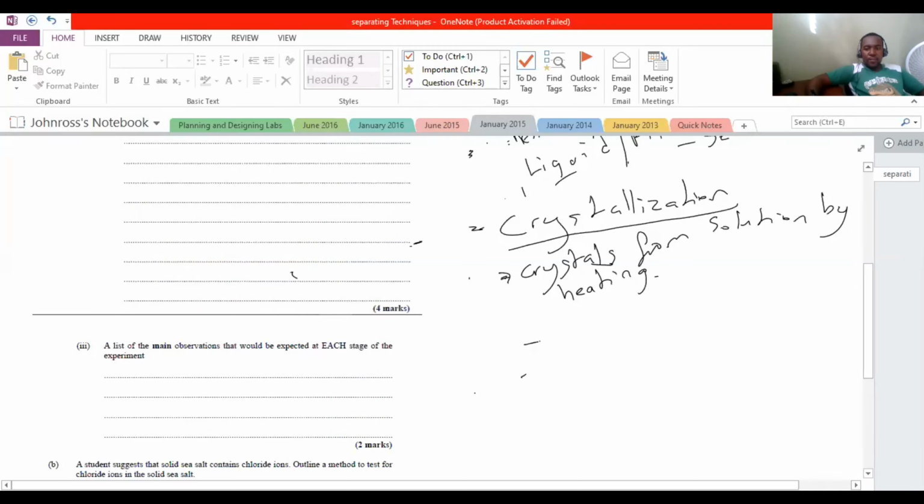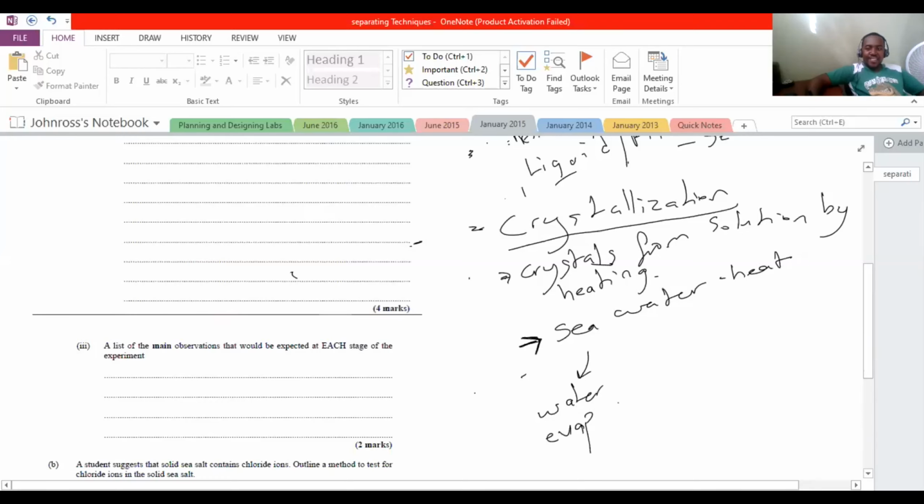What are we going to heat in order to get the crystals? The seawater. So we're heating the seawater, and when we heat the seawater, what's going to happen? The water will leave, and that is known as evaporation.